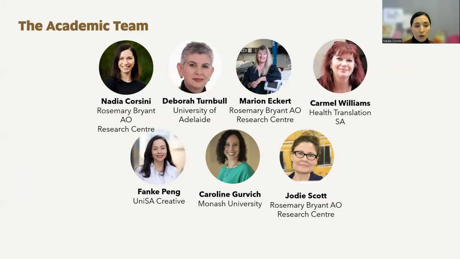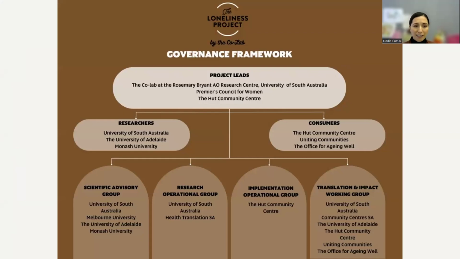Now, we do use co-design methods very deliberately as part of this co-creation approach. And as Fanky mentioned for her project, this also involves a number of academics with different skills and backgrounds coming together to contribute. As well as the academic team, we have a very large team of other stakeholders.